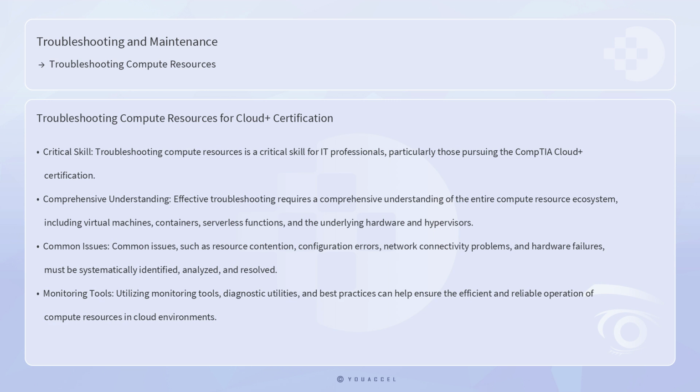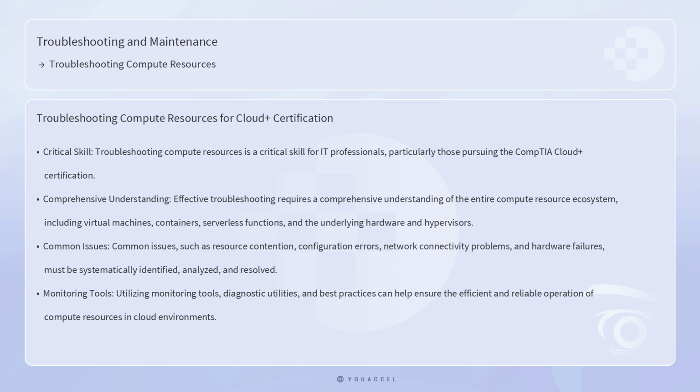In summary, troubleshooting compute resources is a critical skill for IT professionals, particularly those pursuing the CompTIA Cloud+ certification. Effective troubleshooting requires a comprehensive understanding of the entire compute resource ecosystem, including virtual machines, containers, serverless functions, and the underlying hardware and hypervisors.